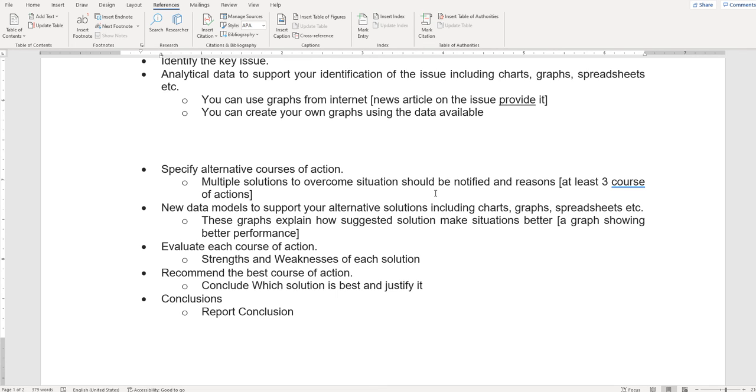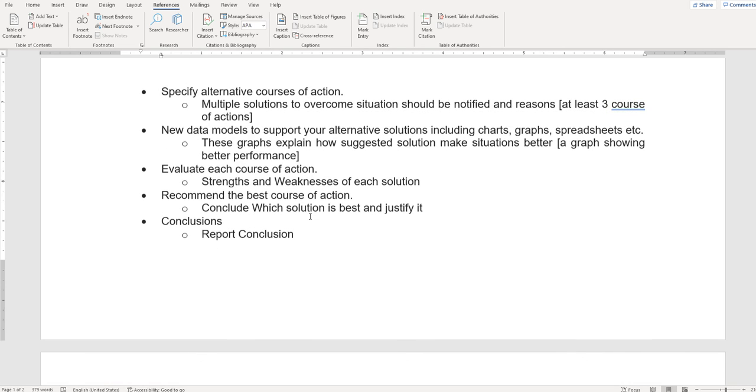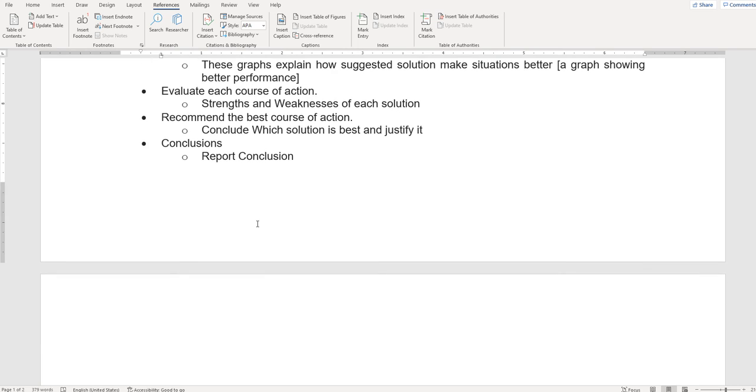A graphical representation of data is also expected for each solution. Then we evaluate each course of action, their strengths and weaknesses. Based on the evaluation, we recommend the best solution among them, and finally we conclude the report.